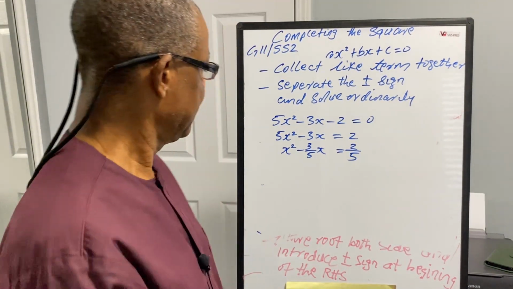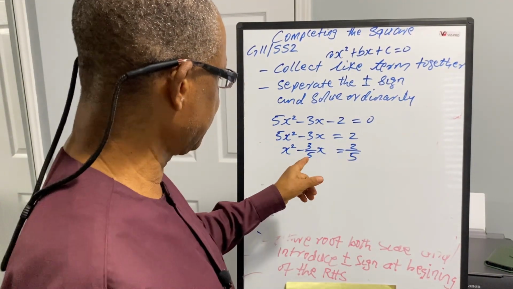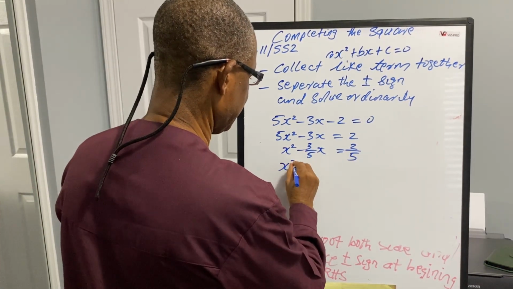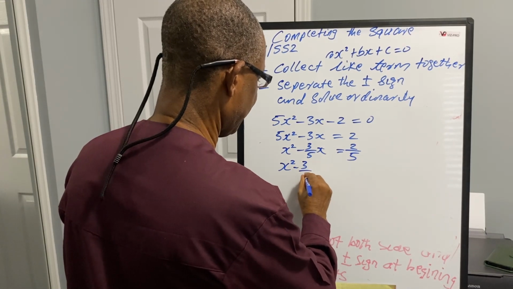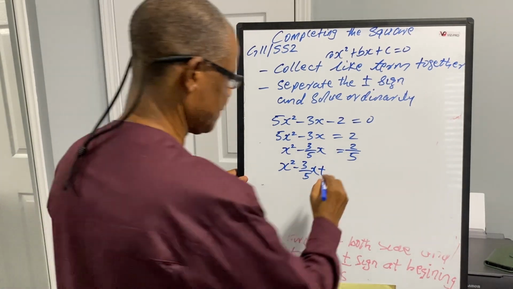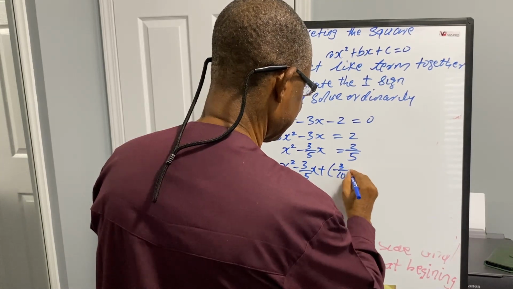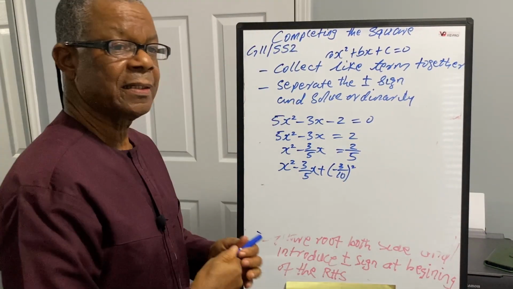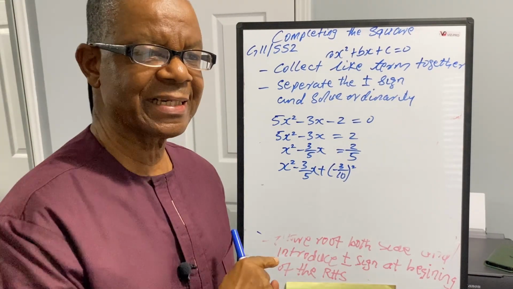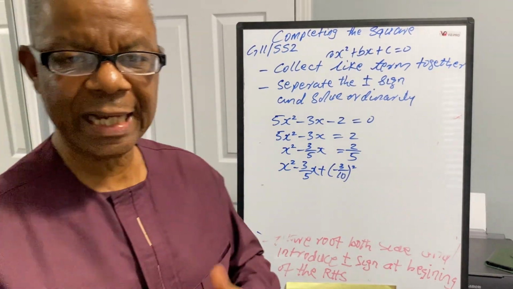Step 3, add the square of the half of the coefficient of the first degree on both sides. This is our x squared minus 3 over 5 x plus, because of that word add, plus, bracket open, minus 3 over 10 squared. The half of a fraction is the denominator times 2. A third of a fraction is the denominator times 3.